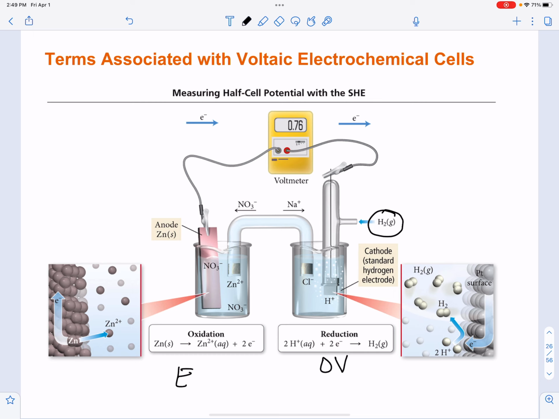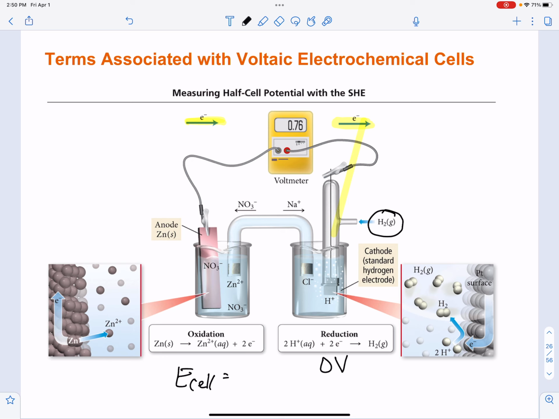So E of the cell is going to be E of the cathode minus... let's see, the electrons are traveling this way. We see that the electrons are traveling that way, right?